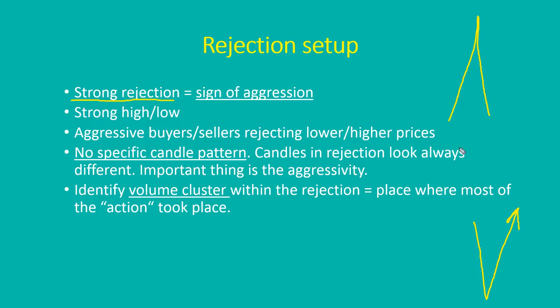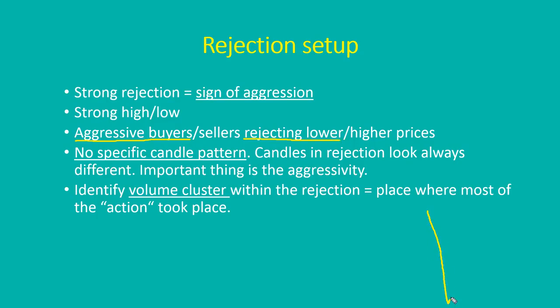Aggressive rejection like that is also a strong high or strong low. So this is a strong high and this is a strong low. And what aggressive rejection means is basically the chart is telling you that either aggressive buyers are rejecting lower prices.